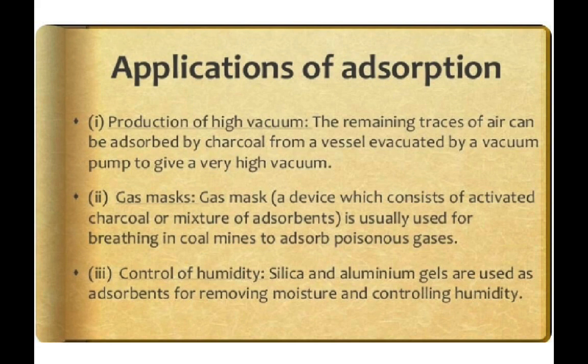It should happen in an evacuated pump, where we use a vacuum pump to establish a very high vacuum. Only then can the traces of air be adsorbed. And the gas mask used for breathing in coal mines adsorbs poisonous gases, then controlling humidity using silica and aluminum gels to remove the excess moisture.